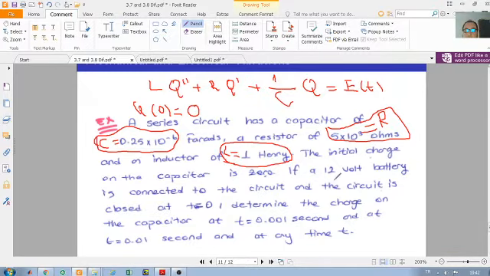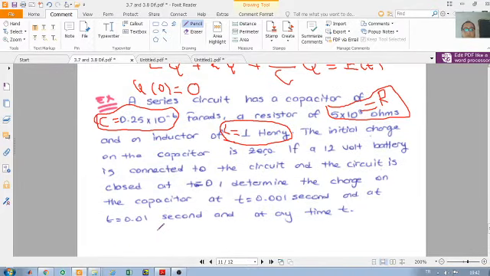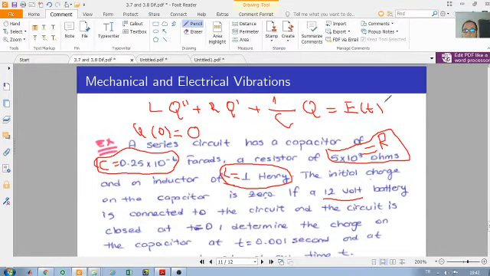If a 12 volt battery is connected to the circuit and the circuit is closed at t equal to 0, determine the charge on the capacitor at t equal to 0.001 second and at t equal to 0.01 second and at any time t. Okay, so we know the impressed voltage, which is 12 volts.